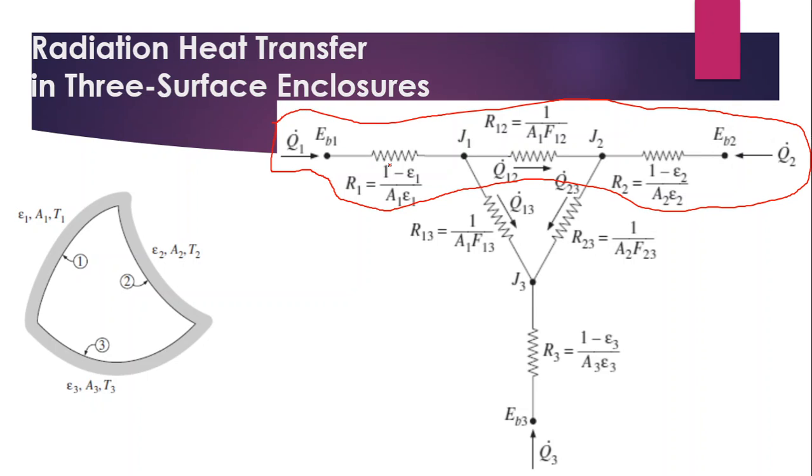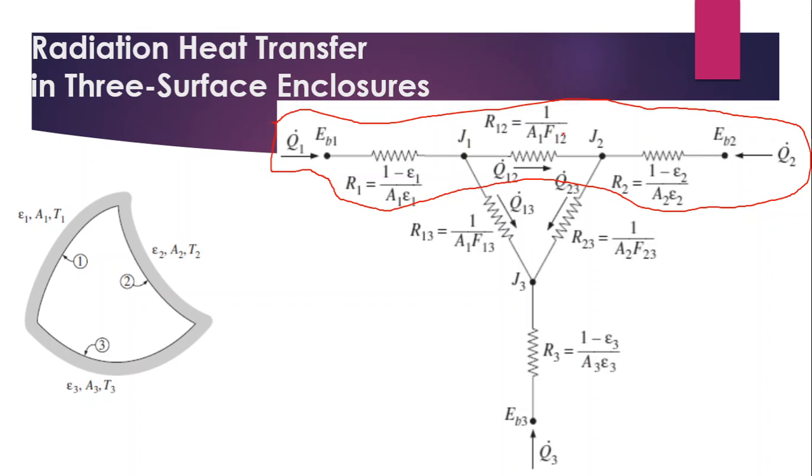It is exactly the same as we have already done to find the radiation heat transfer between two surfaces. As you can see here, it is EB1, then we have the surface resistance associated with surface 1, then the radiosity J1, then the space resistance between 1 and 2, R12, which is equal to 1 divided by A1 F12.